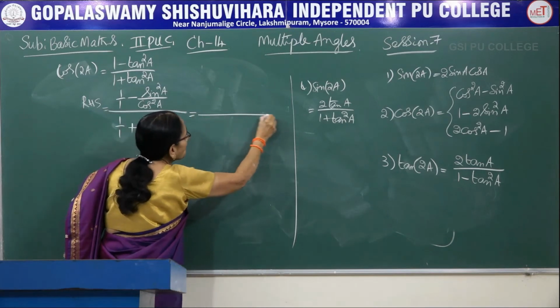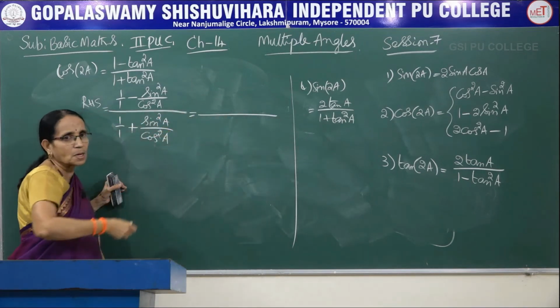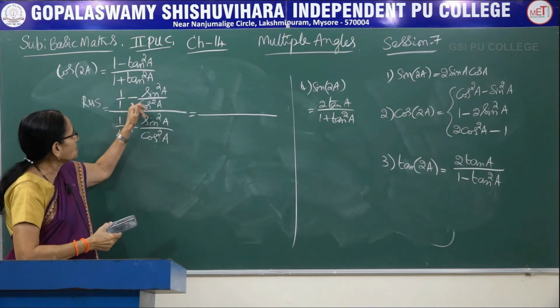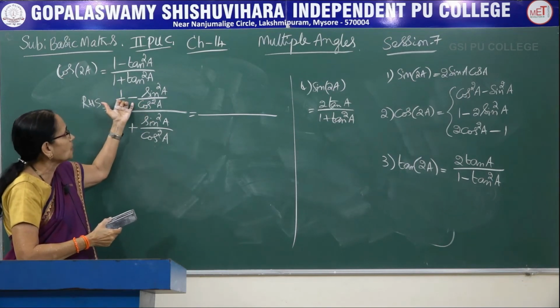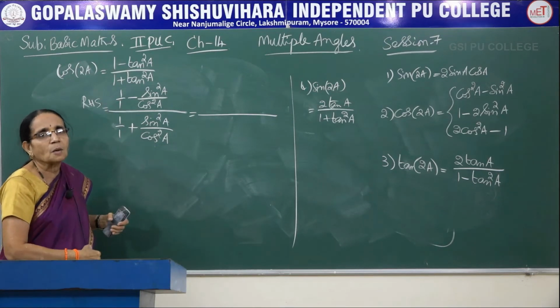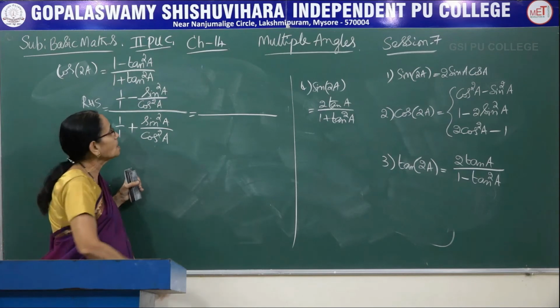So here, both the numerator and denominator, you have to subtract here, you have to add. That means the difference of two fractions, and here it is the sum of the two fractions. So what is a common procedure? We have to take the LCM.